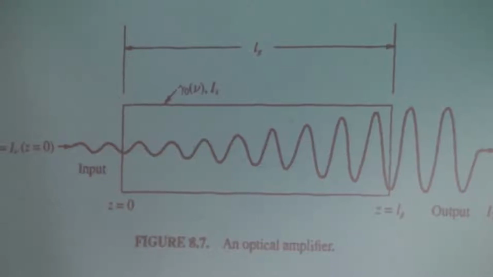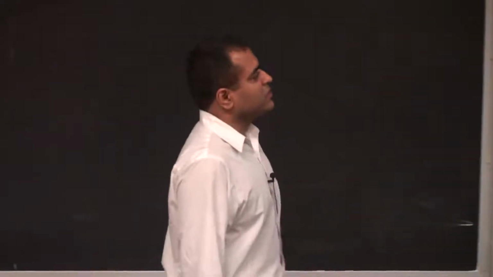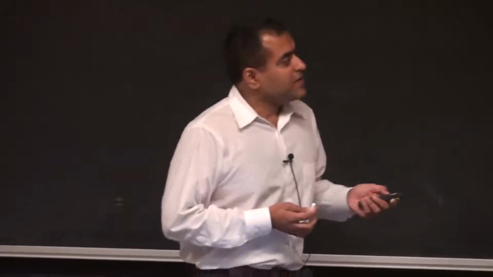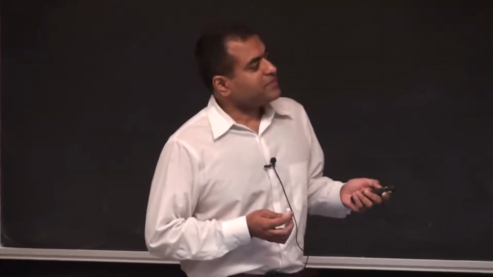That's a classical way of looking at it through Maxwell's equations. If you want to look at it in terms of purely quantum electrodynamics, it's increasing the number of photons. That's really what it is. Two ways to look at the same phenomenon.